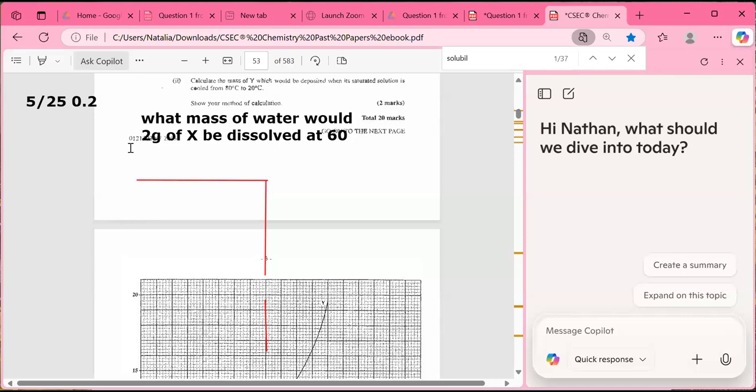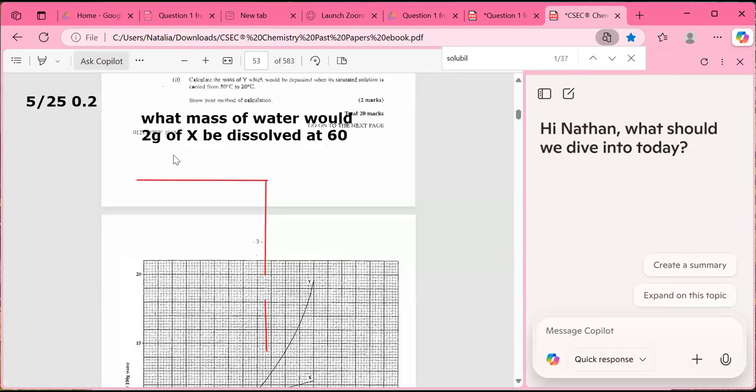So the question is what mass of water would 2 grams of X be dissolved in at 60 degrees Celsius. At 60 degrees Celsius, 11.2 grams of X is in 100 grams of water.